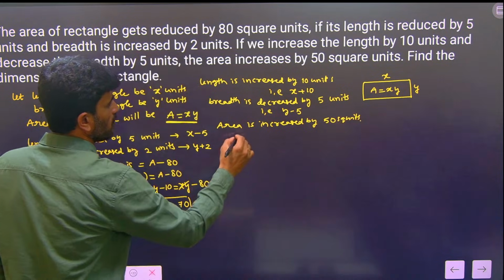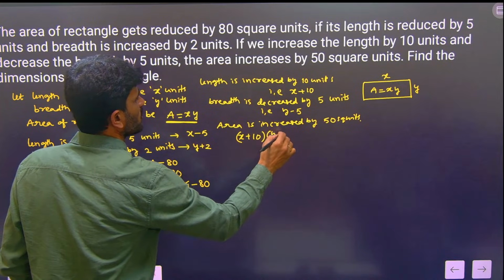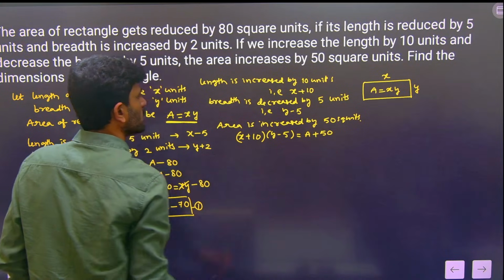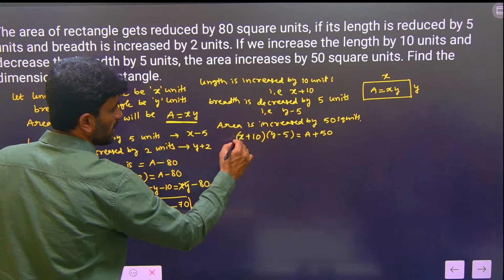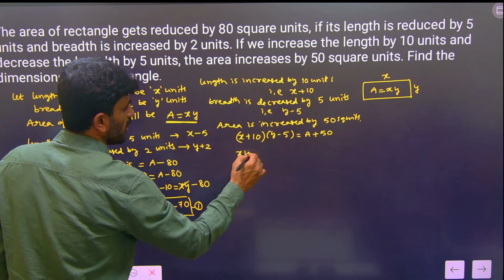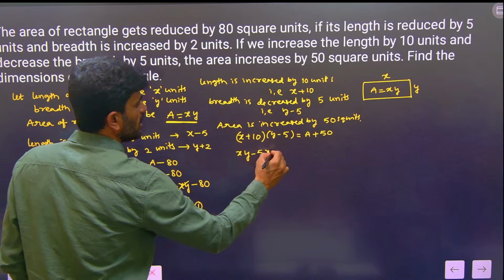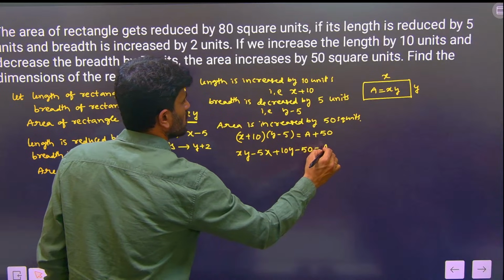So you can write (x plus 10) into (y minus 5) is equal to A plus 50, because the original area is A. After increasing, it will become A plus 50. Now multiply: x into y, xy; x into minus 5, minus 5x; 10 into y, 10y; 10 into minus 5, minus 50, equal to A plus 50.